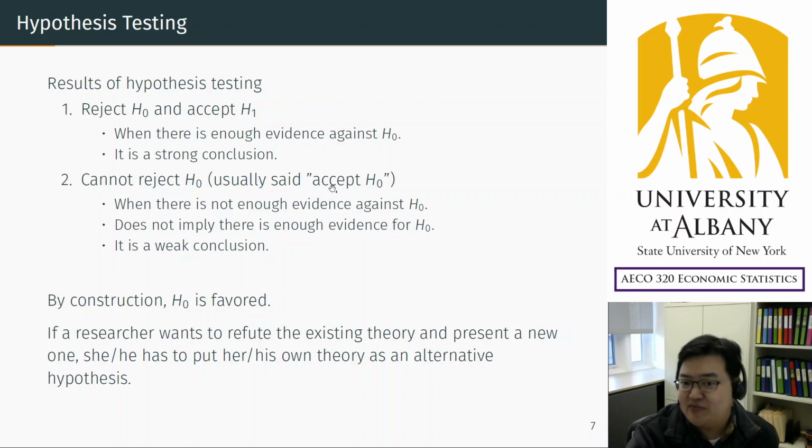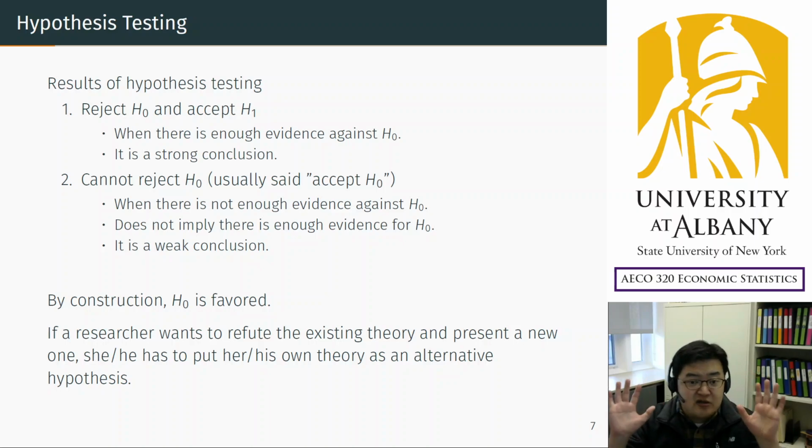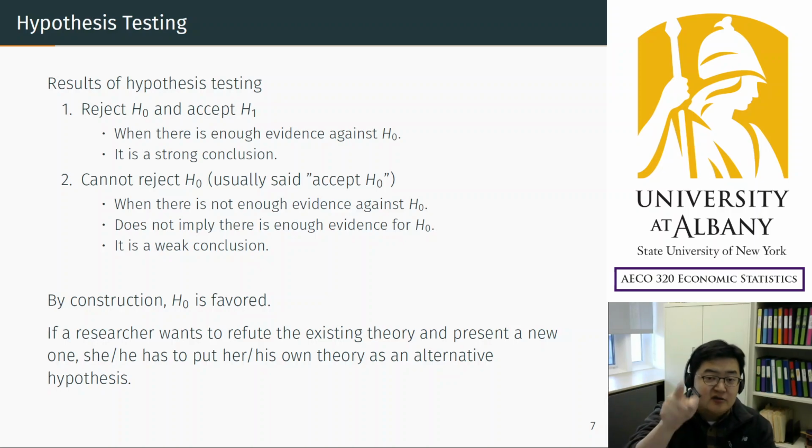So it's not accepting it, but I just could not reject it, right? In the trial, say there is no evidence, then I have to sentence that the defendant is innocent. But it doesn't mean I'm sure that the defendant is innocent. There is just no evidence to say the defendant is guilty. So it's more like not being able to reject the null hypothesis.